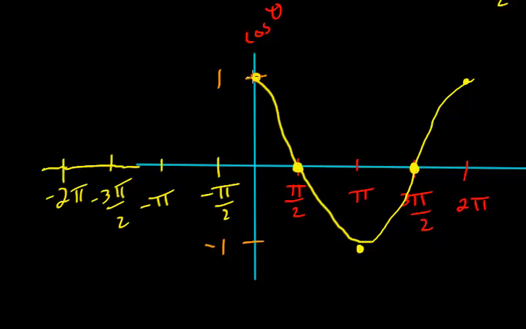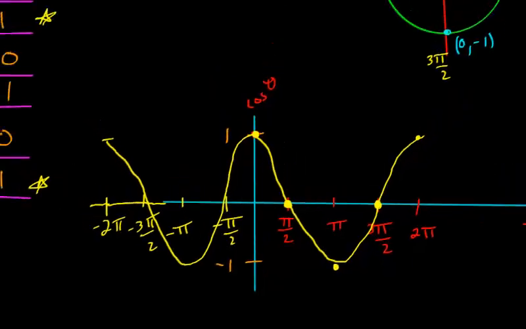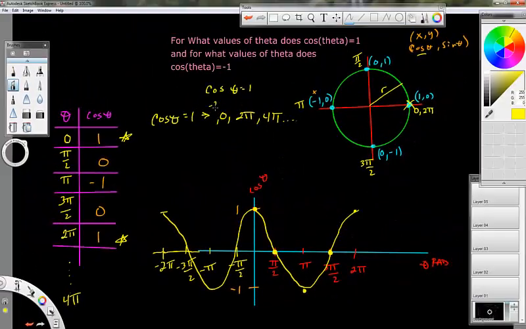And this graph, let's see if I can just eyeball this, would come down. Oh, this is going to work out. I just know it. And it would come up to about here, back up to 1 at negative 2 pi. So we could also include the things that come before this, which would be negative 2 pi. Negative 4 pi would also be a point on that. And it would be infinite in both directions.